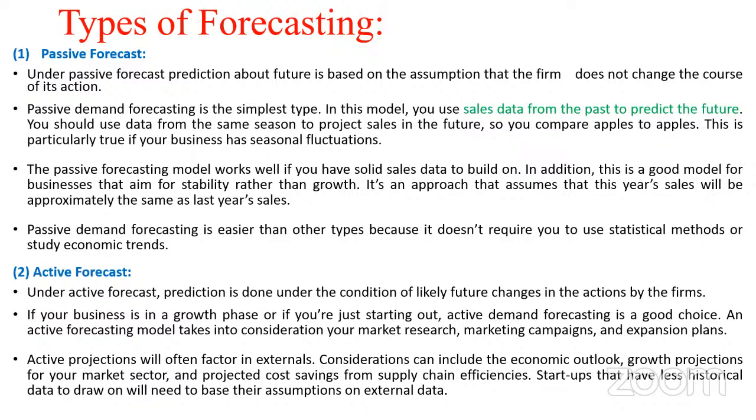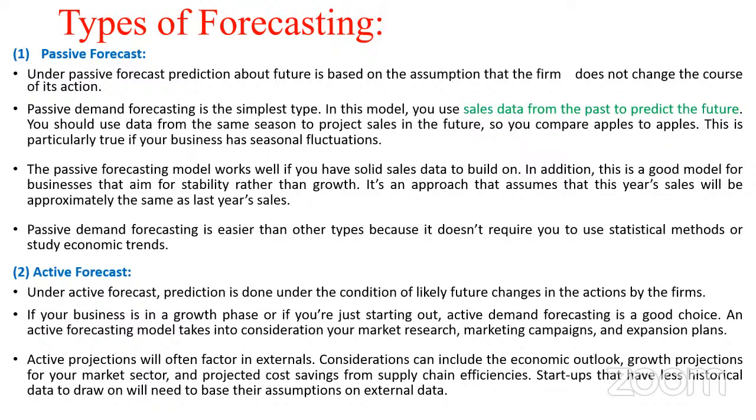Passive forecasting models work well if you have solid sales data to build on. Why is it called solid data? Because your forecast depends upon the past data. If the data is not perfect, it is very difficult to predict. All kinds of forecasts require some sort of past data.